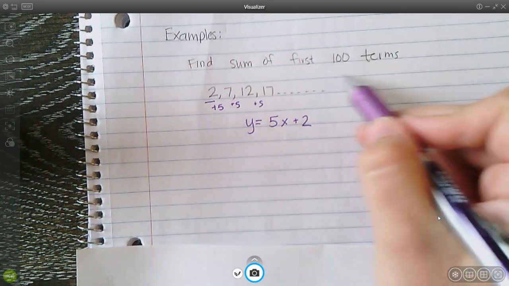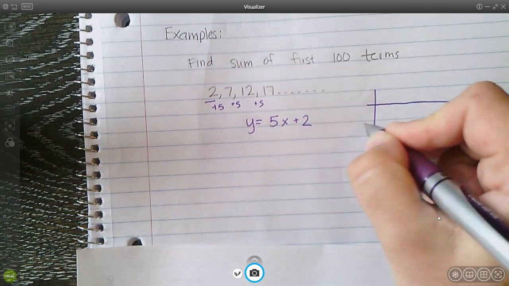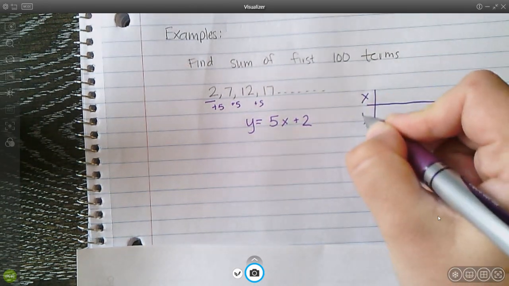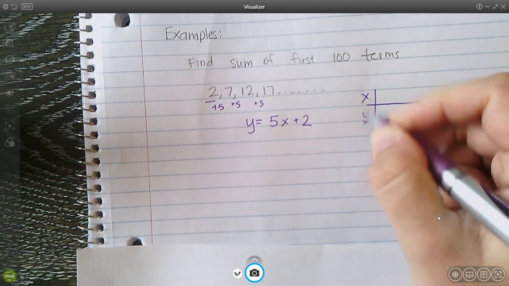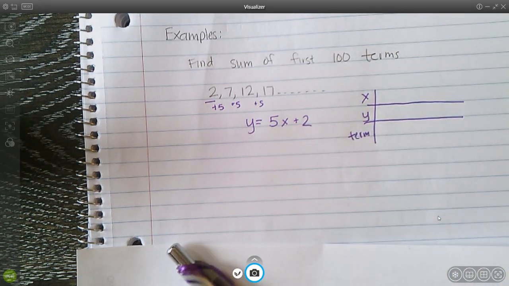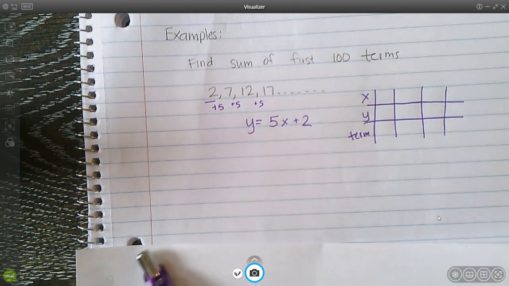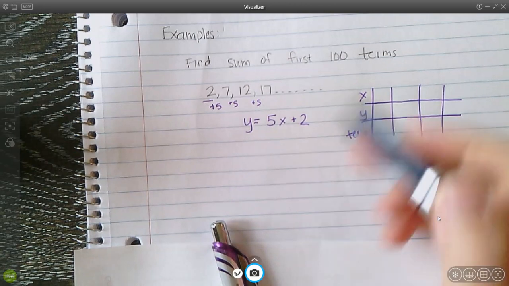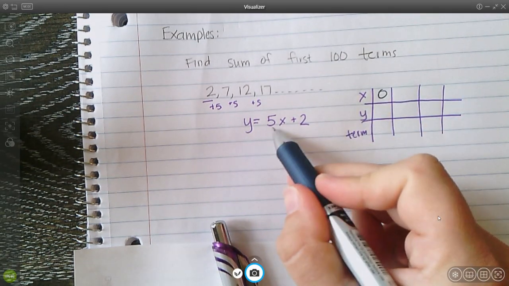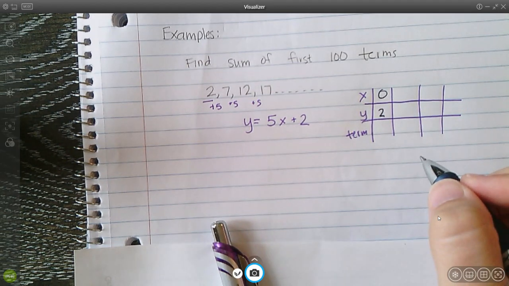Okay, so we want the 100th term. So I'm going to make my little table. If this was x, this is y. This is your term, I guess. If I plug in a 0, 5 times 0 is 0, plus 2 is 2.